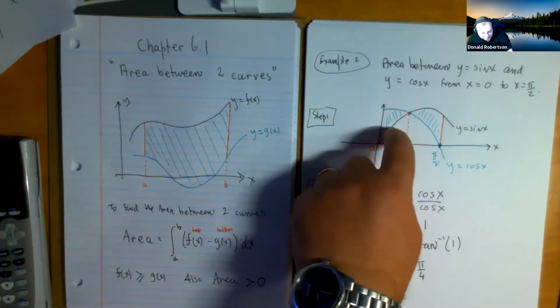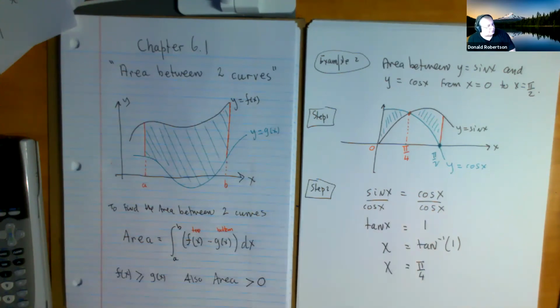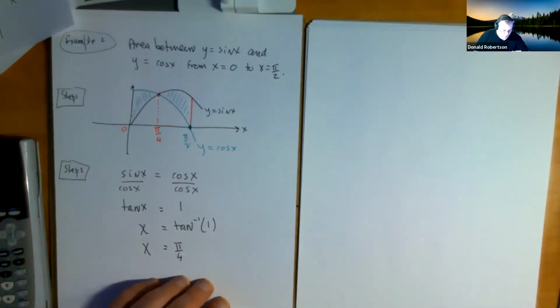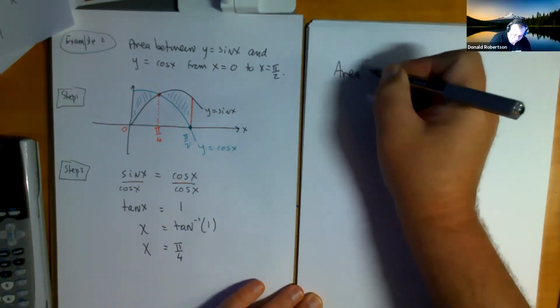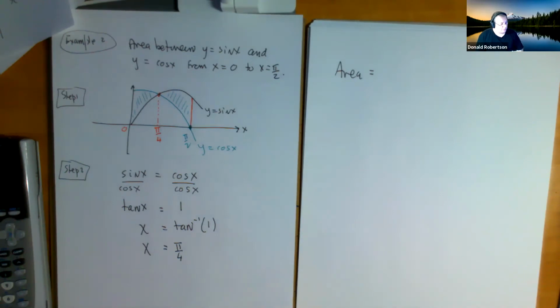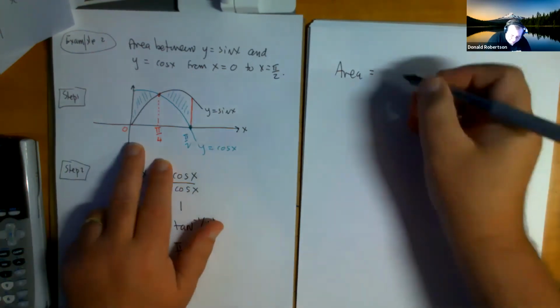So we've drawn our picture, we've found the point of intersection, and now we're going to figure out what the area is. Now, two ways to do this one.